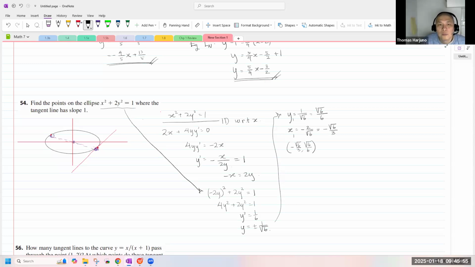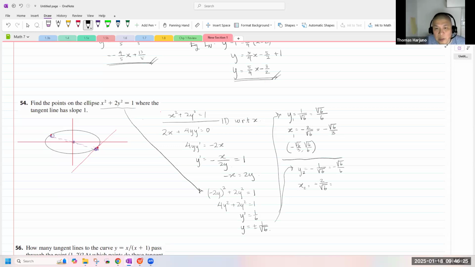Now for y2, when we have negative 1 over square root of 6, that's negative square root of 6 over 6. Then the x2 will be negative 2 over square root of 6, no, plus.